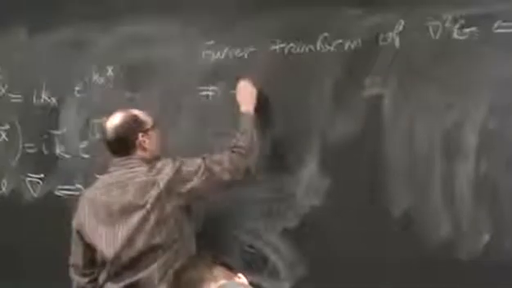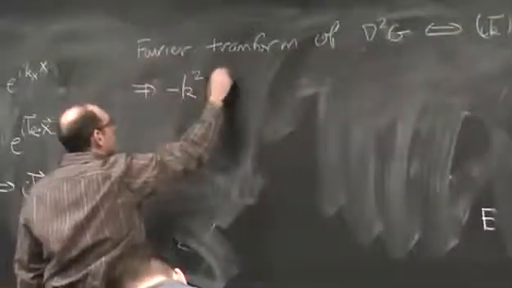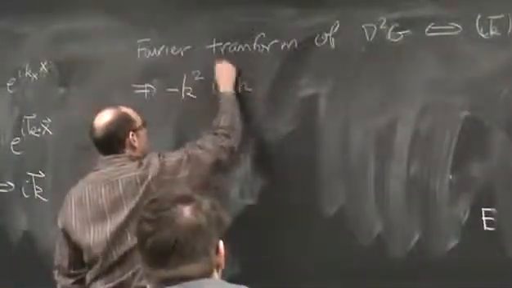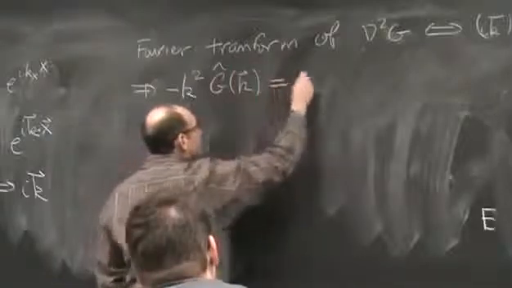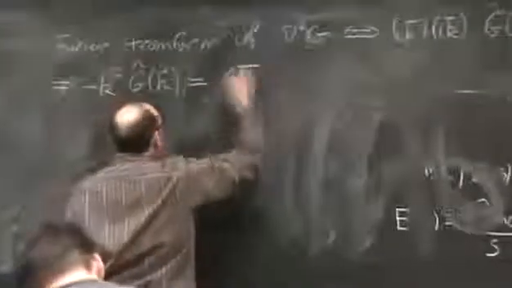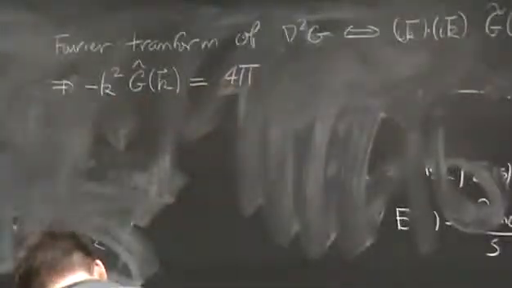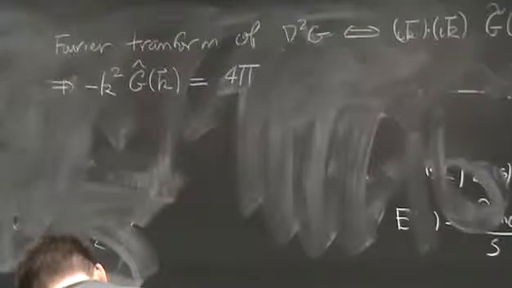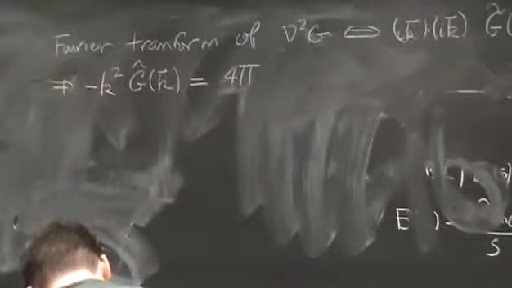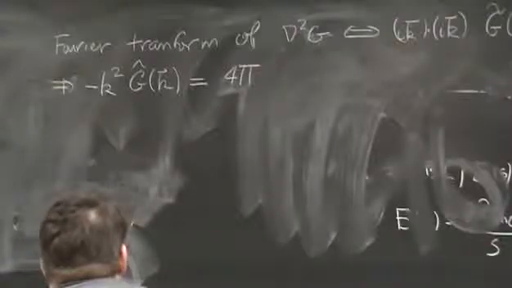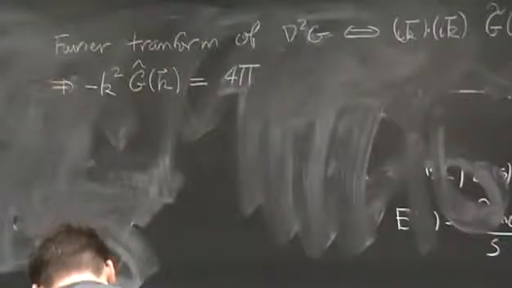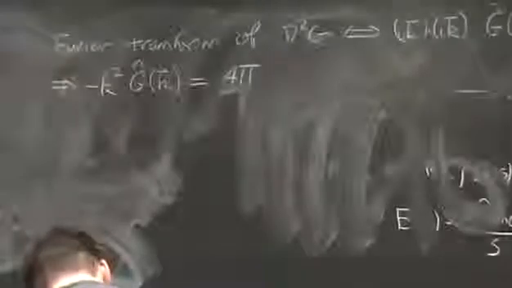So this tells me that minus the magnitude of k squared, G tilde of k, is equal to 4 pi. Oh, I see one thing I messed up.